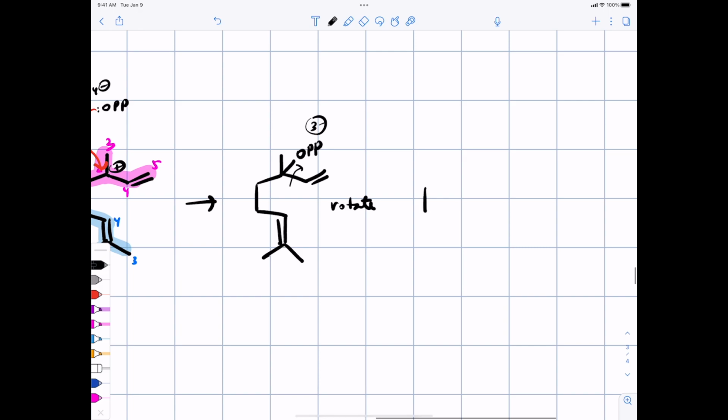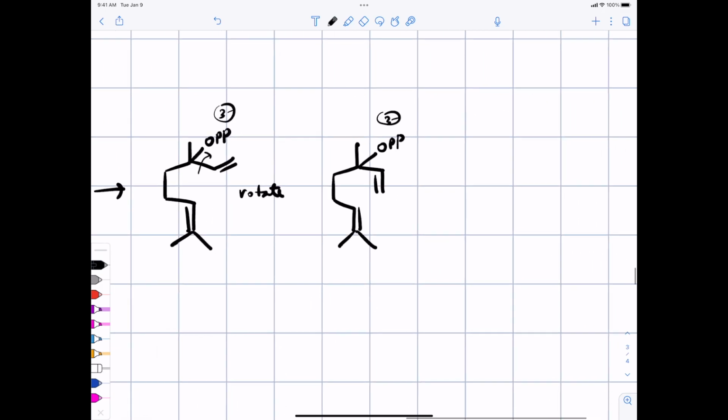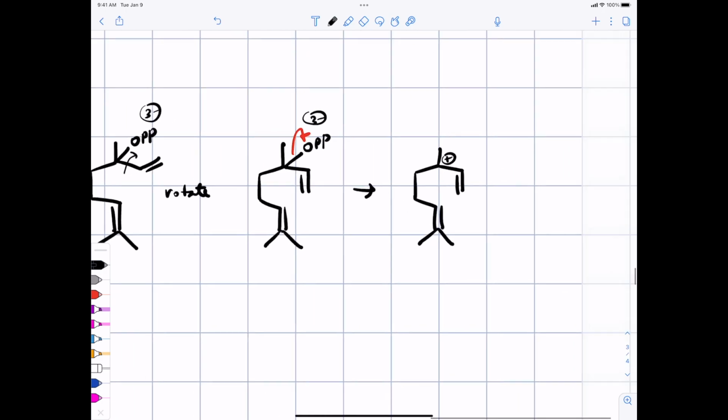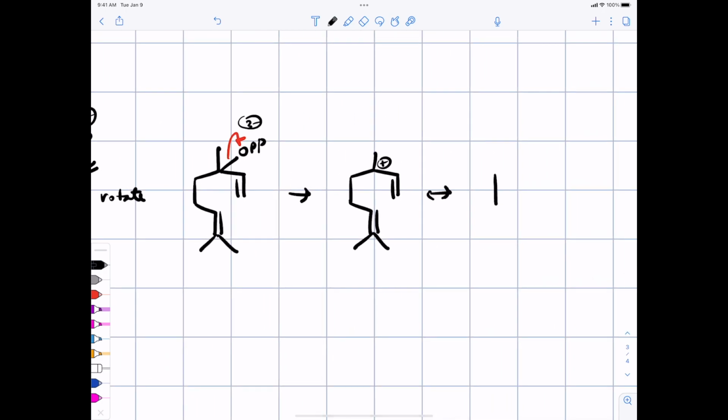This isn't even an isomerization, it's just a conformational change. I can rotate around that carbon-carbon bond. When I do, the pyrophosphate leaving group leaves. And now everything's set for my next step. And I could draw the carbocation like that.